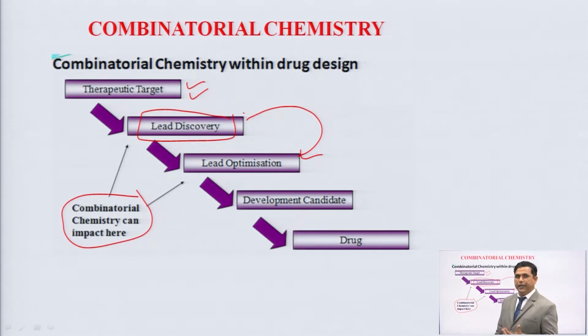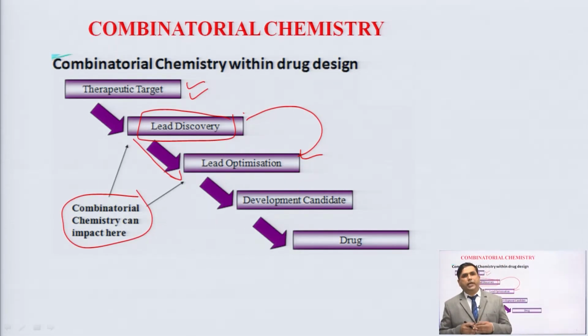after the lead discovery we have to do the lead optimization. So, at this step, from lead discovery to lead optimization, we have to apply combinatorial chemistry to generate various types of compounds, to generate the library of diverse compounds, and we can screen all these compounds with the help of high throughput screening, another branch, that is in vitro screening.